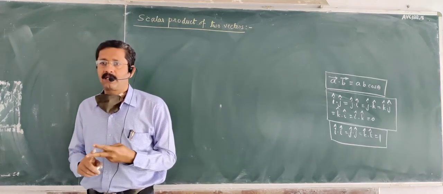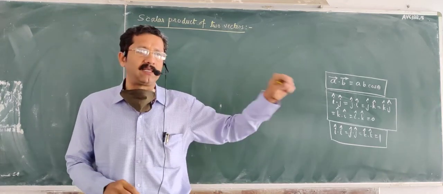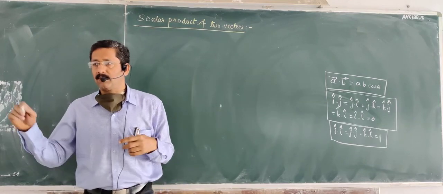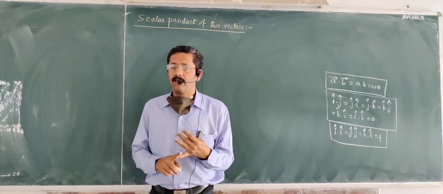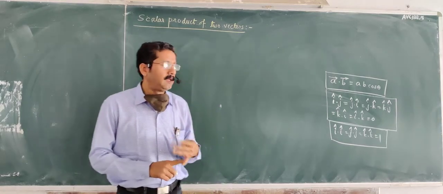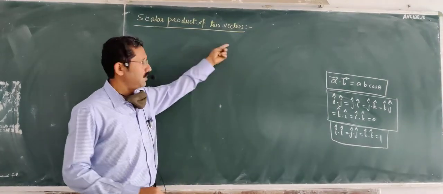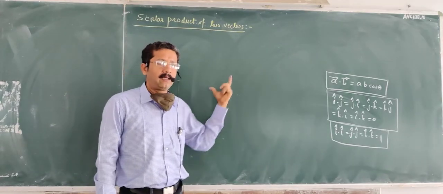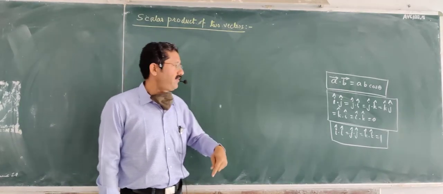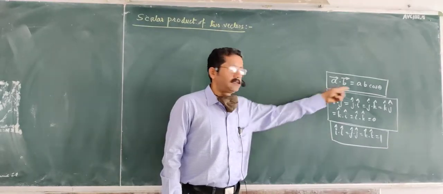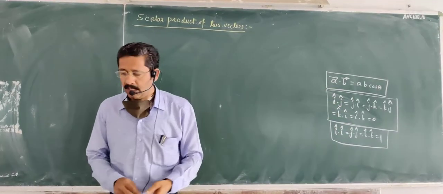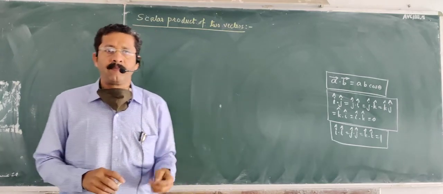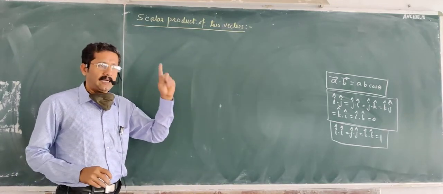For example, 2i plus 5j minus 3k, and the other vector minus 6i plus 2j plus 4k. To find that, I am going to derive a formula today, and for that this is going to be required. That is why I have kept it right in front on our board, and we will start today with two vectors in the ijk format.